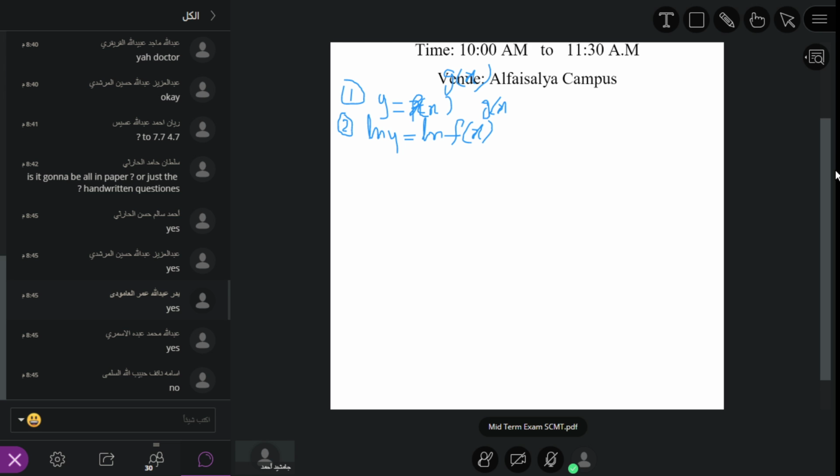After that, the third: ln y is equal to g of x dot ln f of x, shifting the power. In the fourth, we will apply the limit.